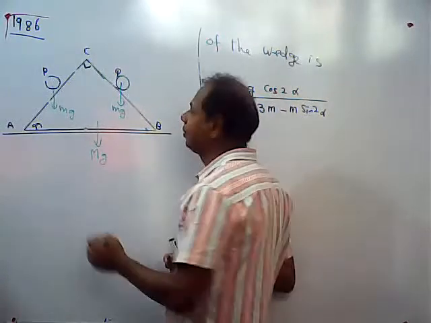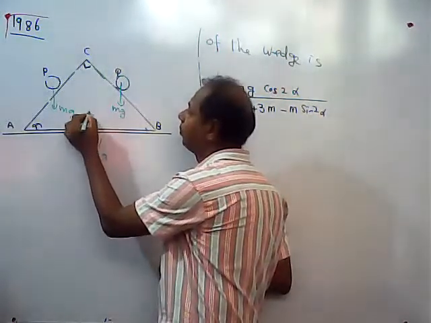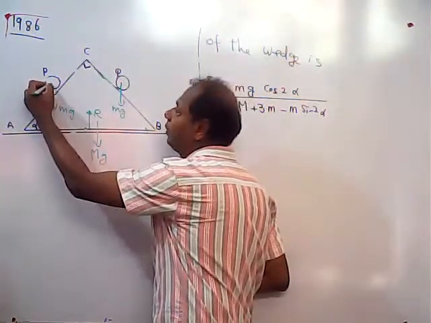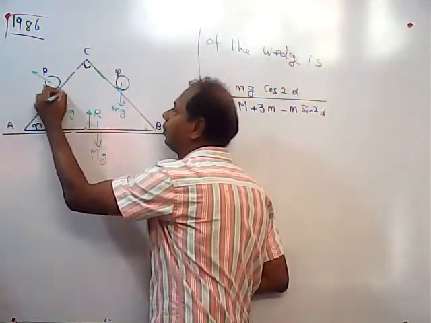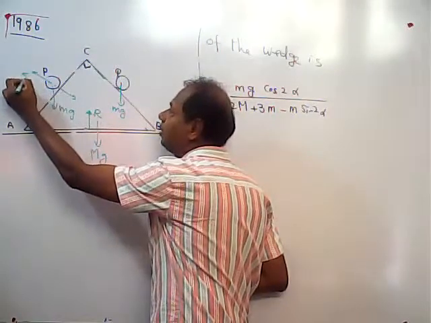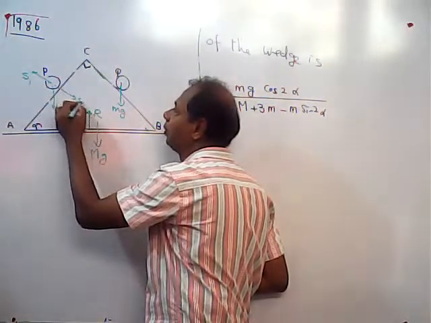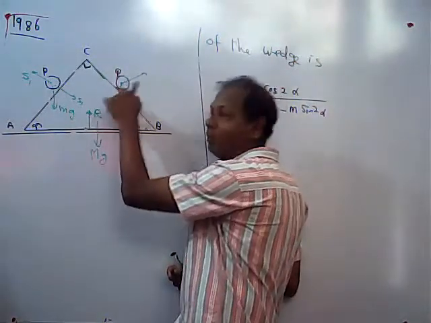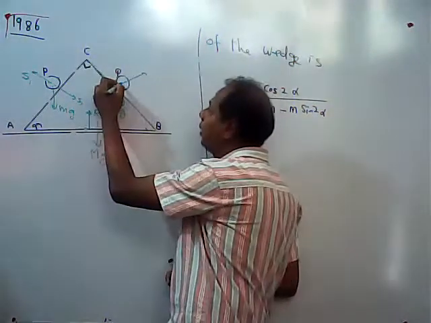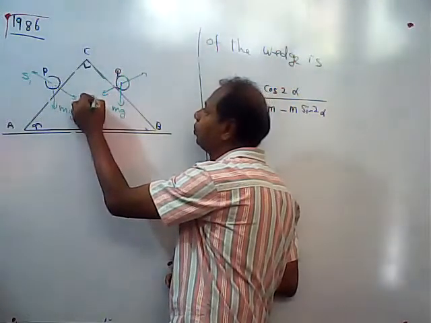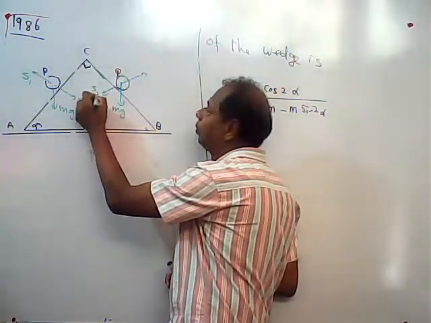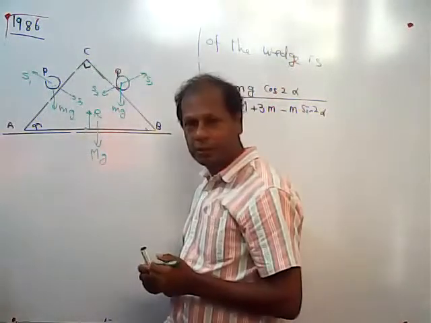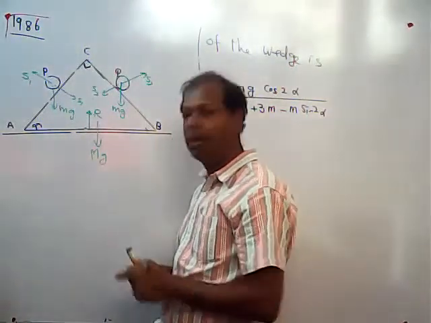And our reactions: one from the ground, one between the wedge and particle P, say S1, another between the other particle Q and the wedge, S2. These are the forces that we have to mark.